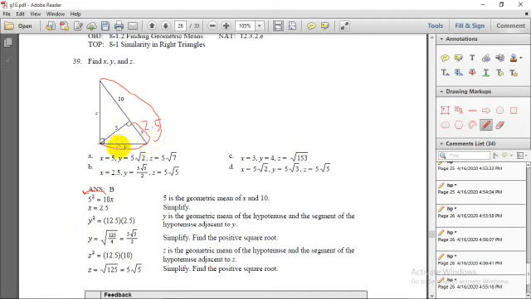Again, if I want this side, how do I get it? This side squared equals the part of the side which is next to it times all the side.